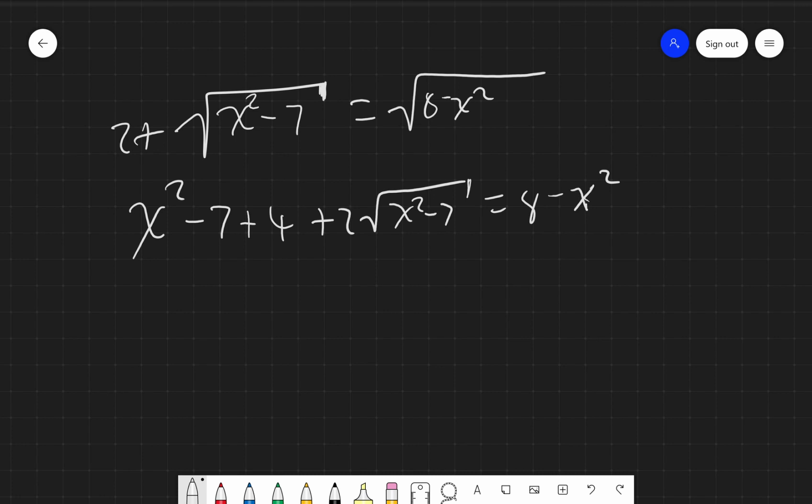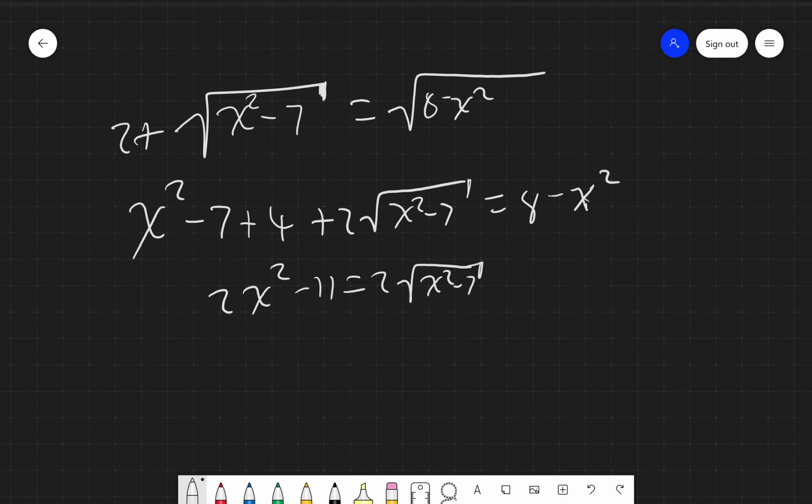Okay, so now when you have this kind of stuff, you might have to get rid of the radical in more than one step. So now let's isolate the radical. That's always good. When there's one radical, isolate it. And that's equal to 2 root x squared minus 7.